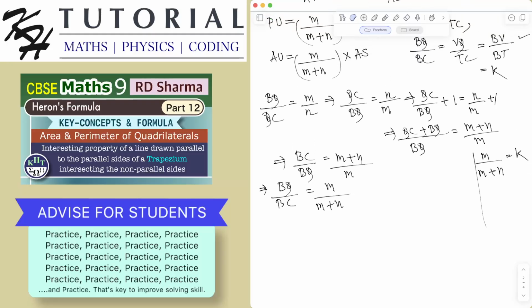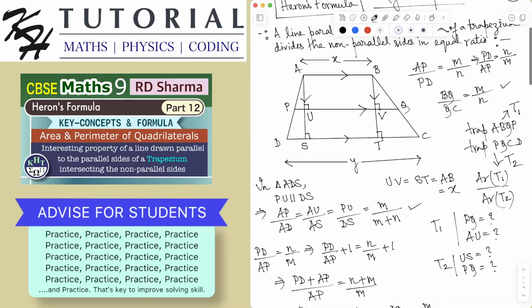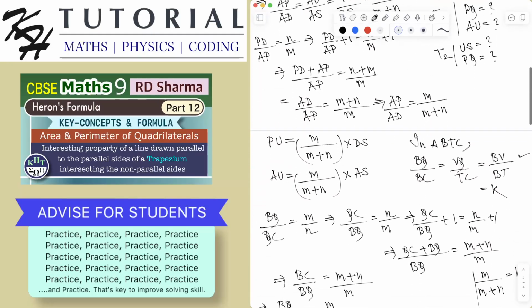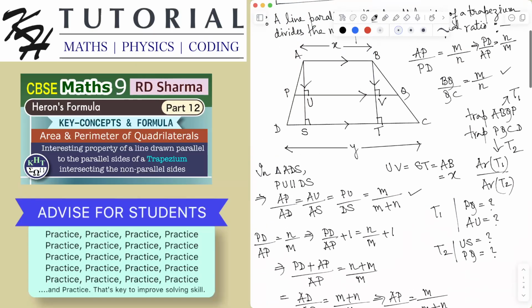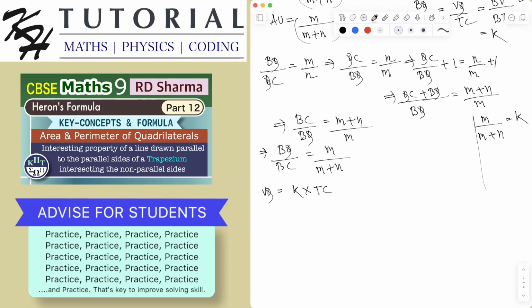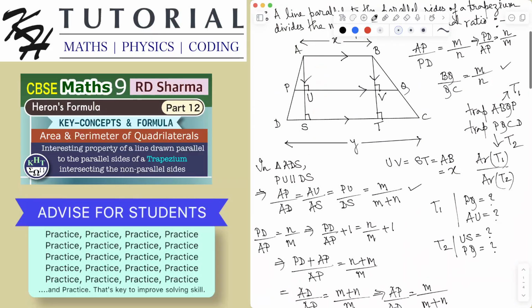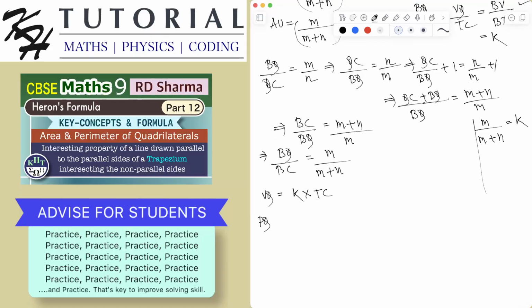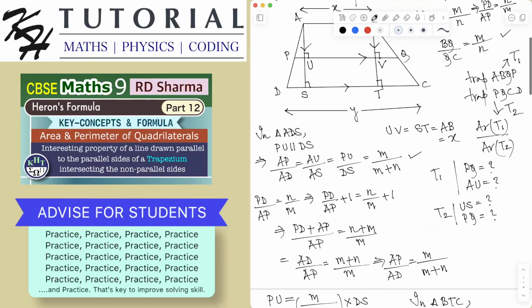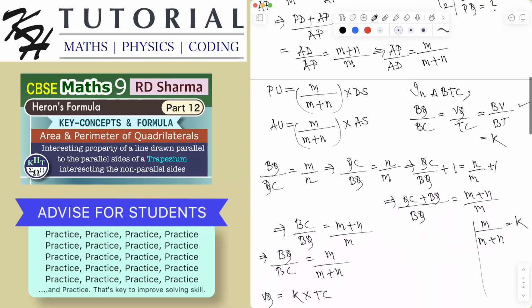Now what will be VQ? VQ is K into TC. I am trying to find the length of PQ. PQ is equal to PU plus UV plus VQ.